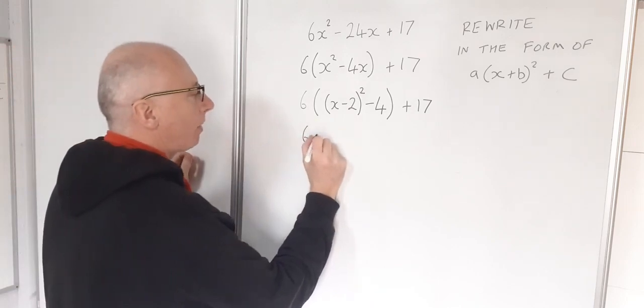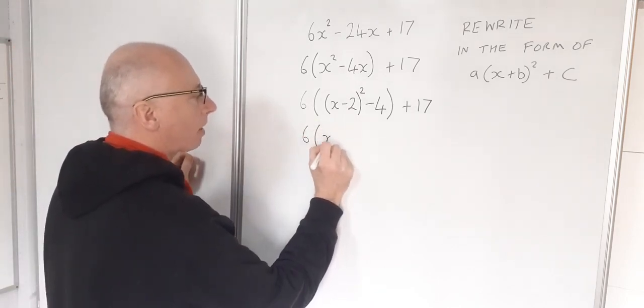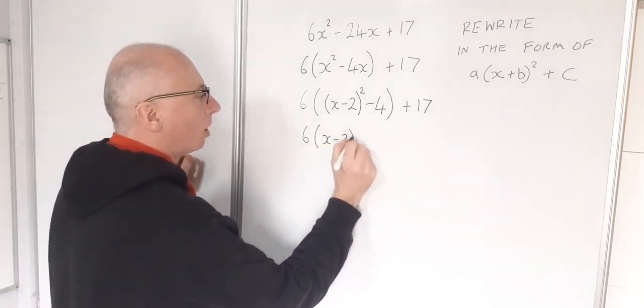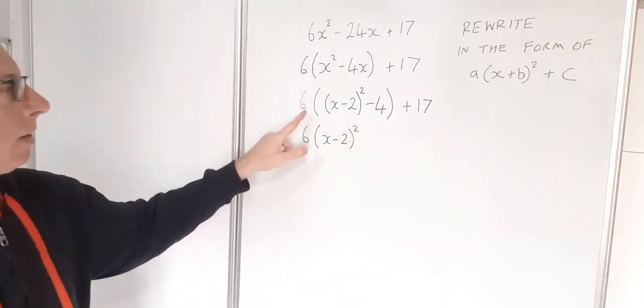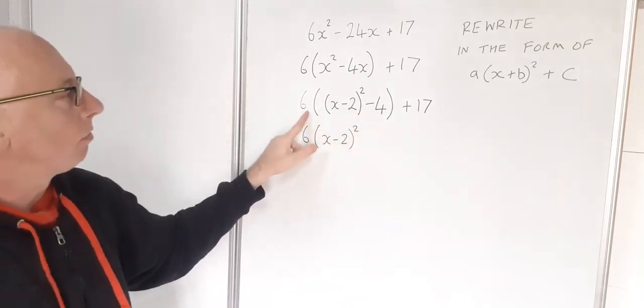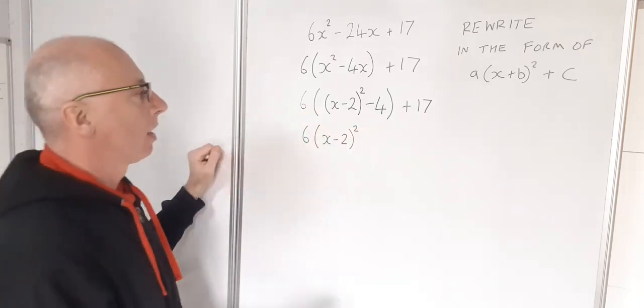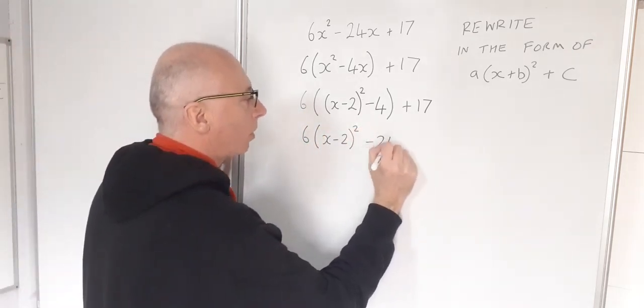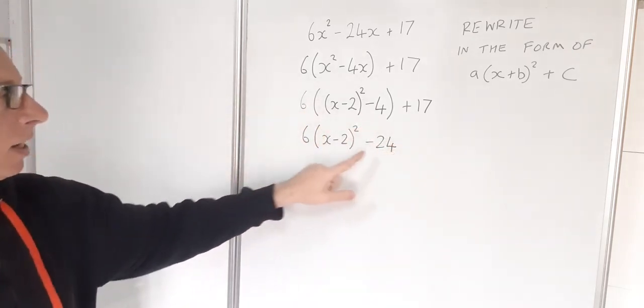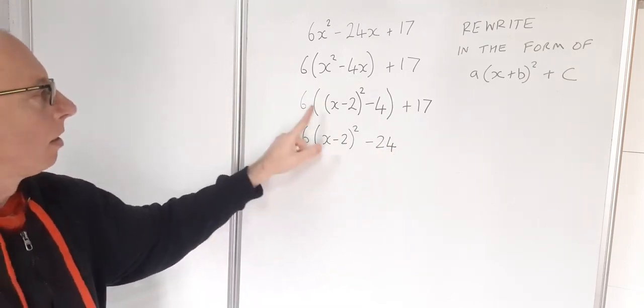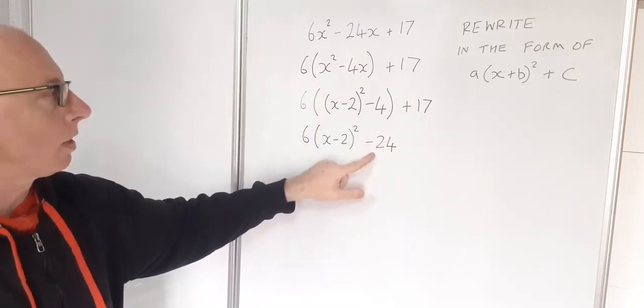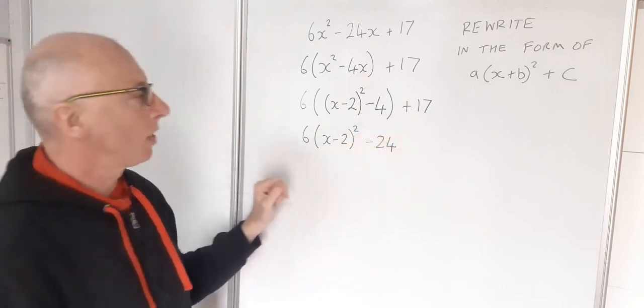So we now have 6(x − 2)². And now let's times this by 6, so we'll release that from inside this big bracket. So now we've got −24. This 6 here is not connected to this, but it was connected here. So that's where our −24 comes from. And then add 17.